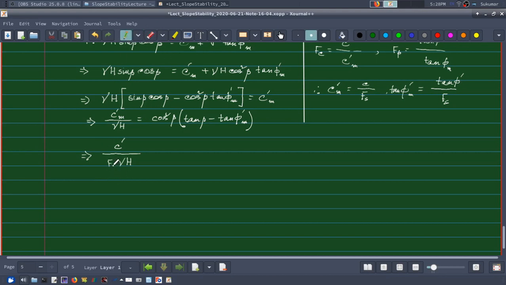I'm considering them to be equal, so this will be equal to cos square beta into tan beta minus tan phi dash by Fs. Okay.